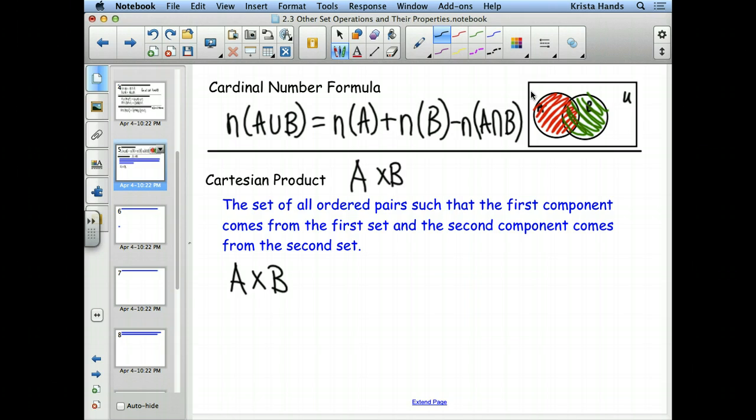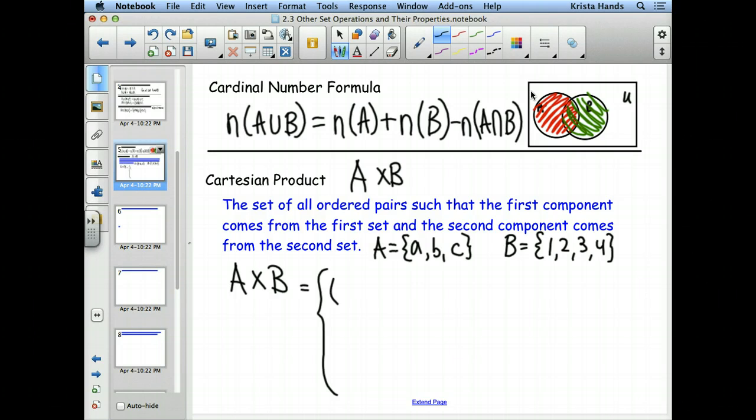And I need to call these sets something, so I'm going to say that set A has items a, b, and c in it, okay? And set B has items 1, 2, 3, and 4 in it. I've got two sets. What I'm going to do is create ordered pairs, right? So my set with my ordered pairs looks like this.